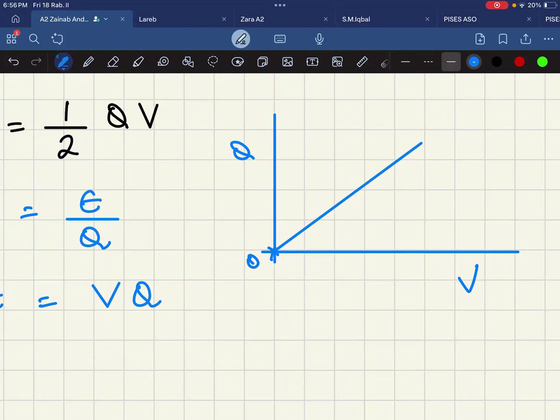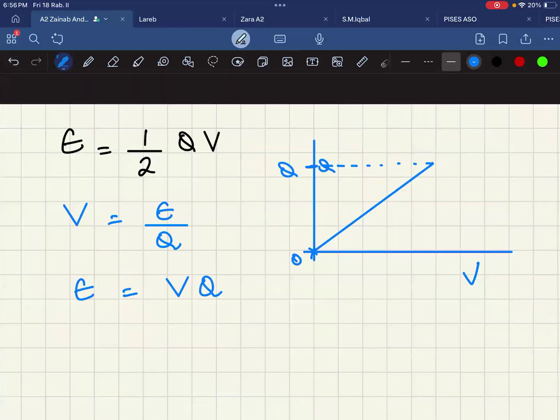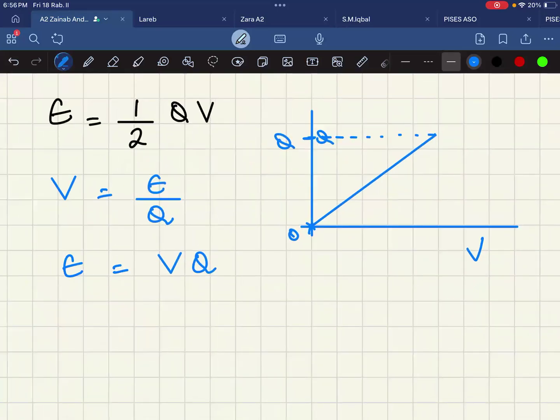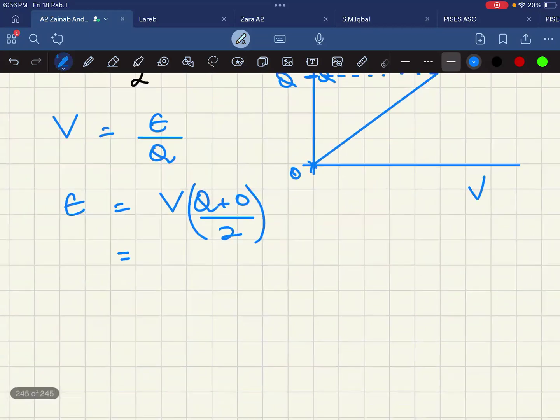One of the values is 0, the other value is Q. So I'm taking an average of 0 and Q. The average of 0 and Q would be Q plus 0 upon 2, isn't it? The sum of two values divided by 2. Eventually, E equals half of Q into V. I hope you get it right.